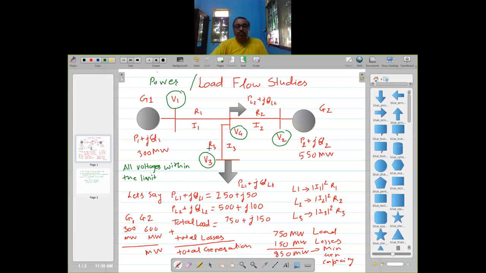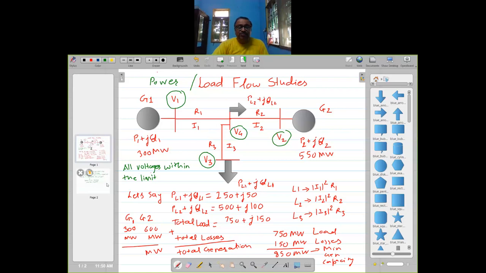How the power will flow in the transmission lines, that is another thing which we want to study. In general it is called power flow because we want to know how the power flows from the generator to the load and what is the amount of power that is flowing in each of the lines.